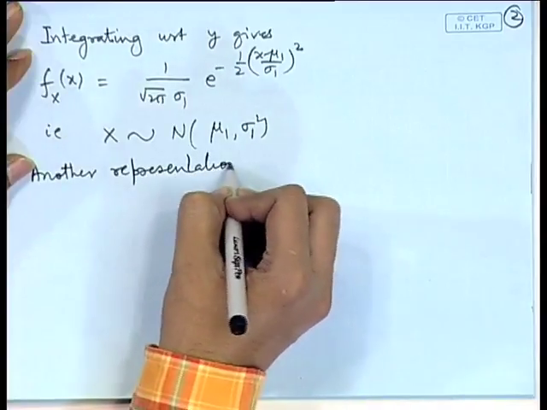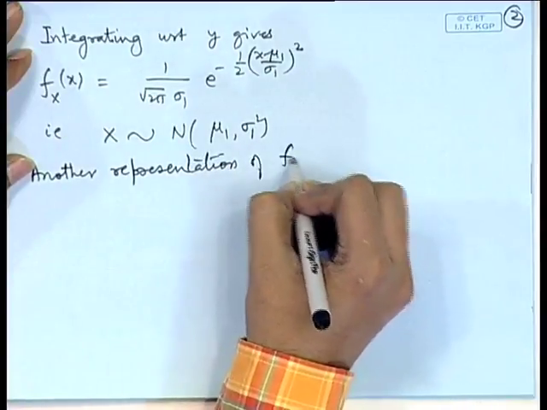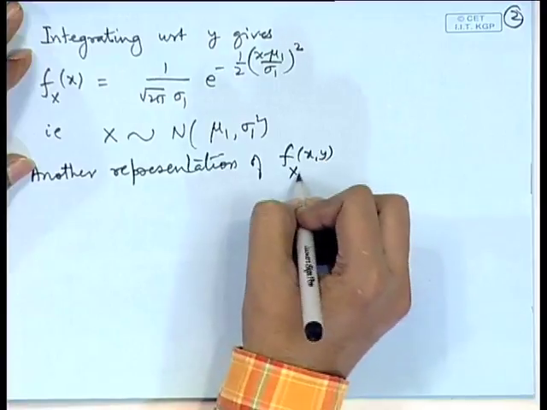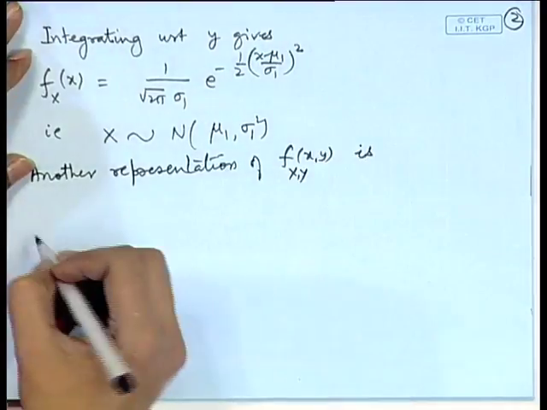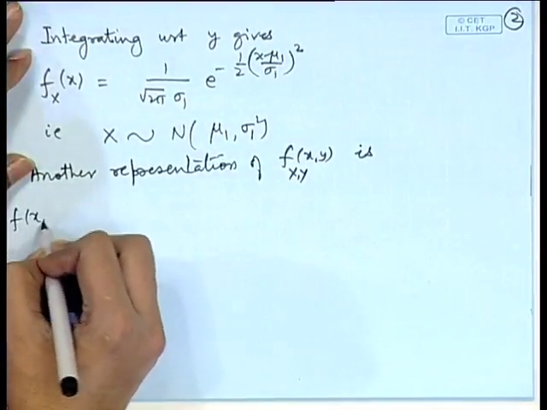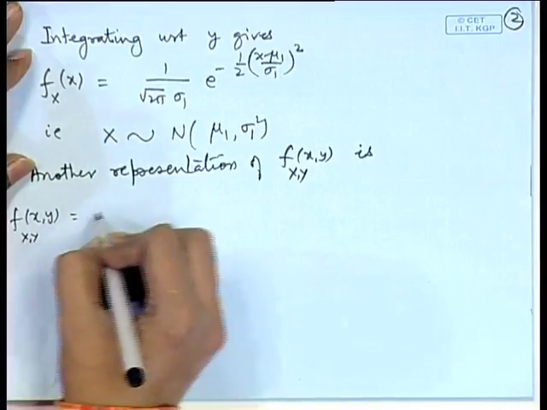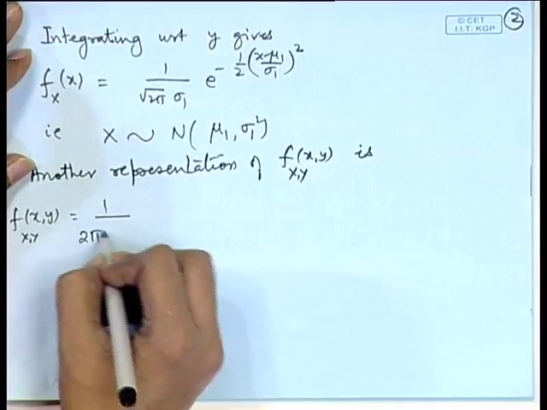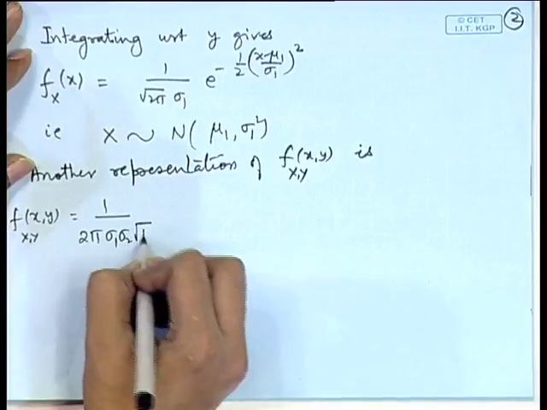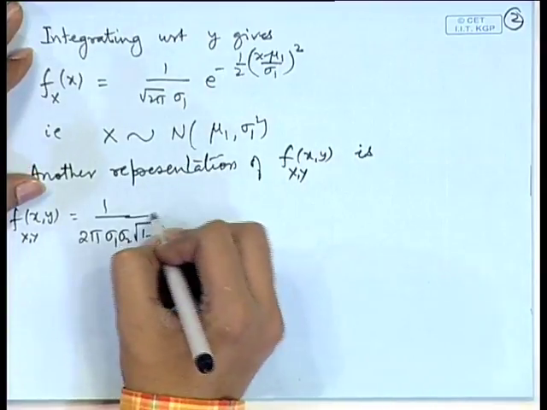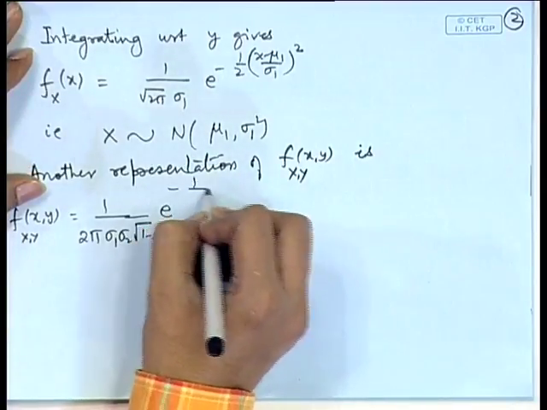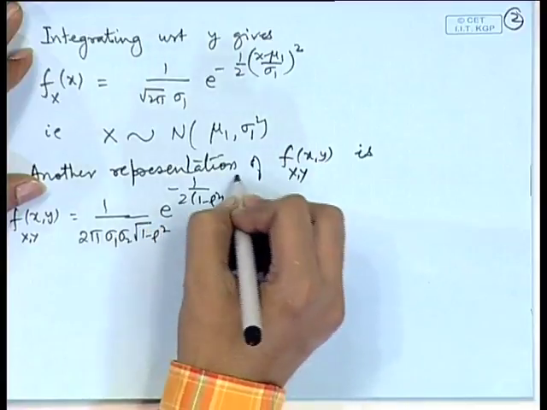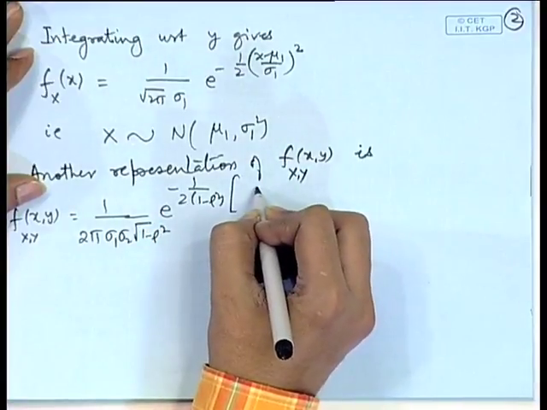Another representation of f(x, y) can be 1 by 2 pi sigma 1 sigma 2 root 1 minus rho square, e to the power minus 1 by 2(1 minus rho square), and now I make a square with respect to x.